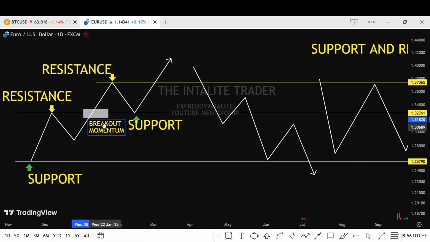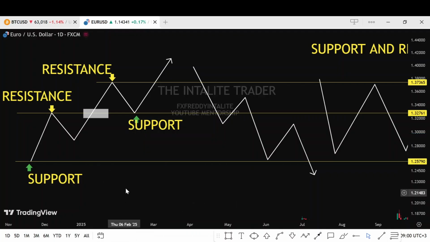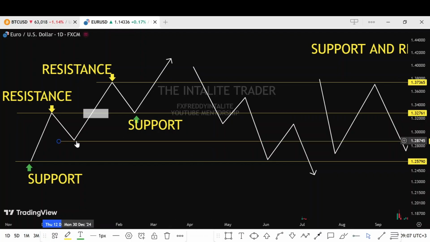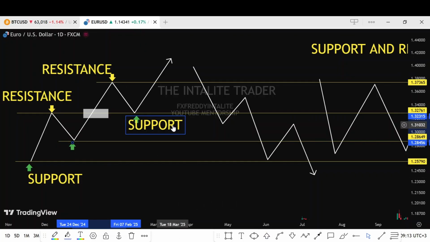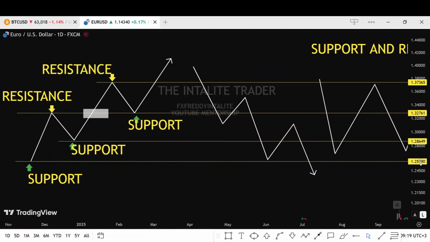And also this was our support, this level here, where price rested at before going up. It was also support. It also becomes a support level.